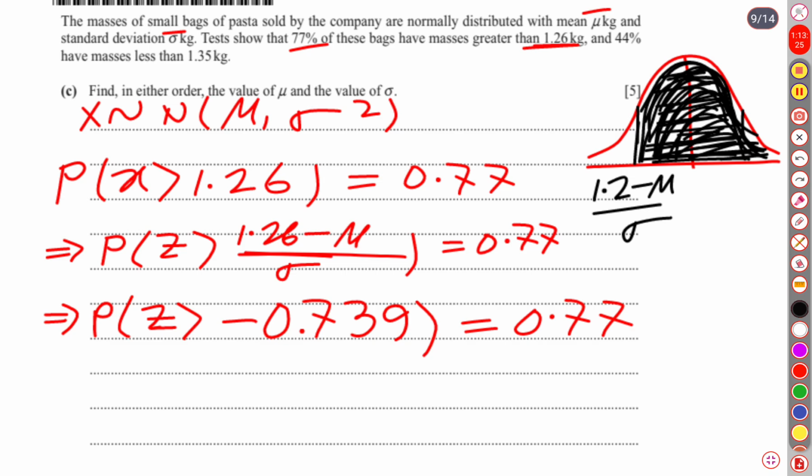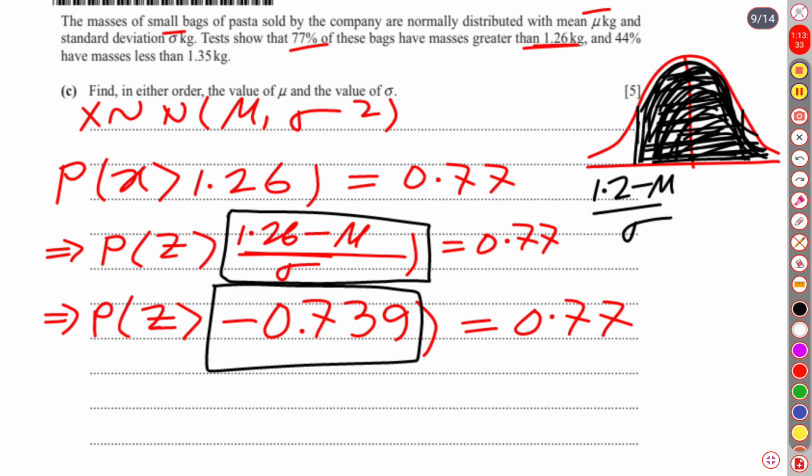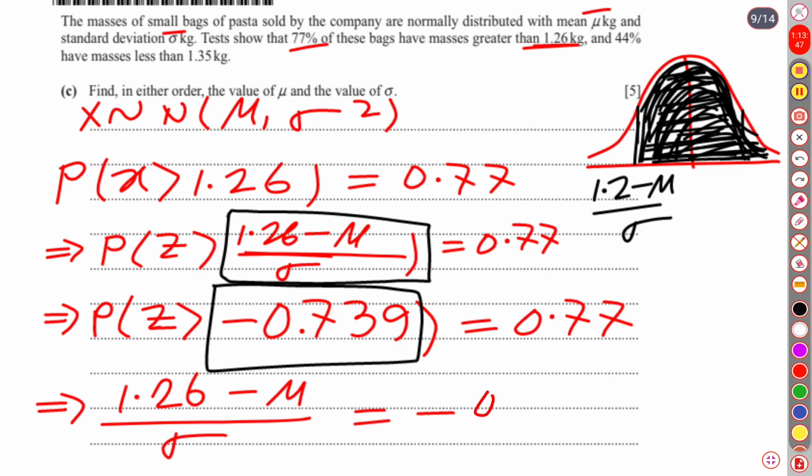Both of these are z scores, so they must be equal if we compare. (1.26 minus mu) over sigma is equal to negative 0.739.